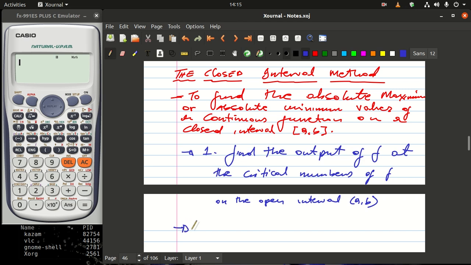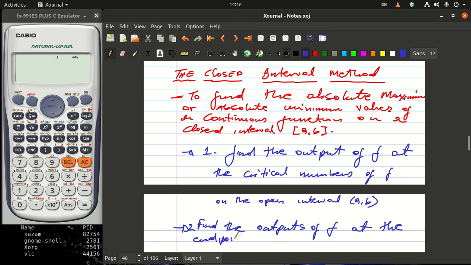And then once you have those outputs, this is number 2, find the output of f at the endpoints. That is what I actually want you to find here.